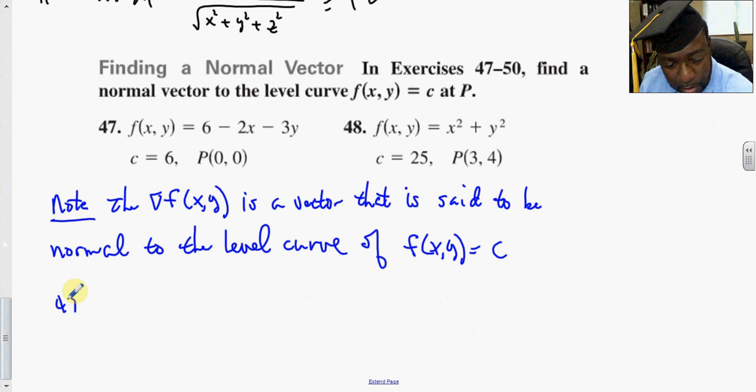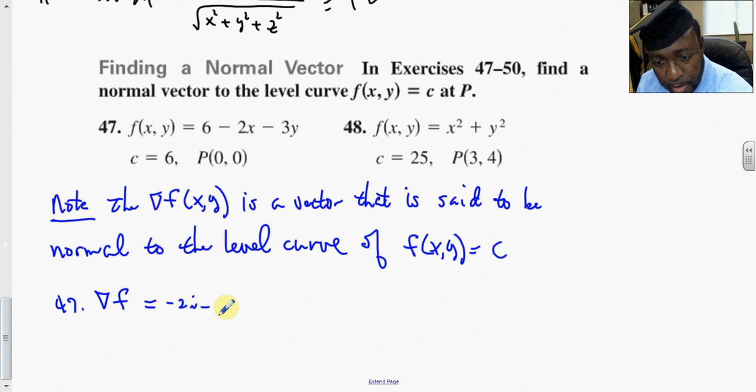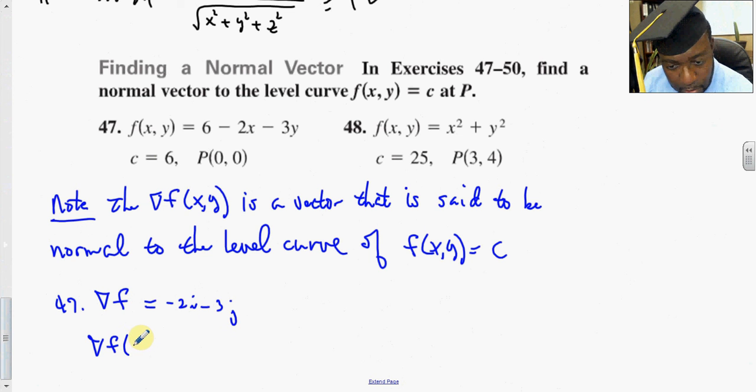So for 47, the gradient is negative 2i minus 3j, and it says at the point 0, 0, but here the gradient is just a constant, so the point has no bearing.